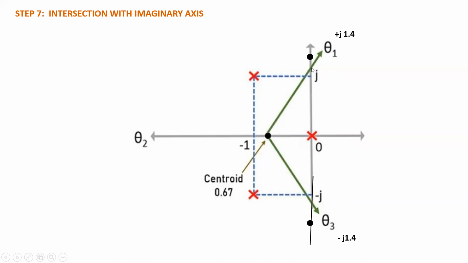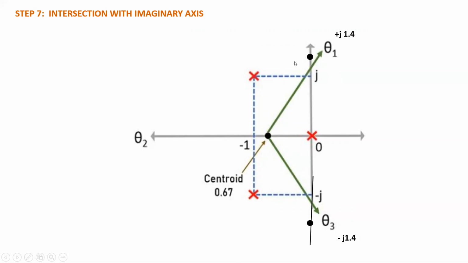And we have the intersection with the imaginary axis at minus j 1.4 and plus j 1.4. If we do the analysis, it seems that the branch starting at the pole at s equal to 0 goes off at an asymptotic angle of 180 degrees, and the root locus branch starting at this pole moves asymptotically like that, intersecting at 1.414 over here.